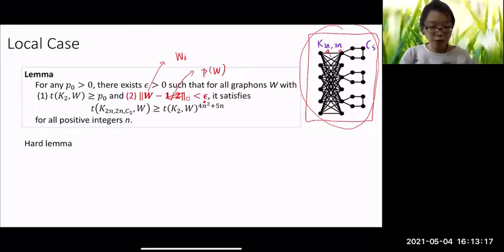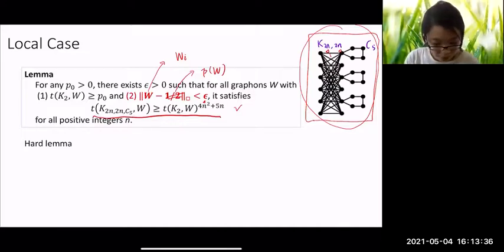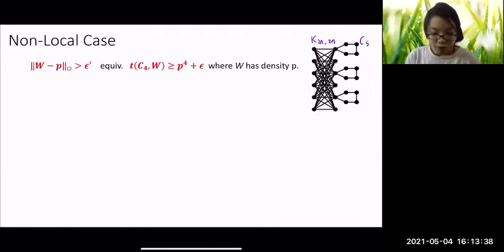Okay, so now let's remember the local case: if one of these particular color classes W_i is not very far under the cut norm from the constant graphon, then we are done, because this is the specific statement we want for that particular color W_i. Okay, so now let's come to the non-local case.